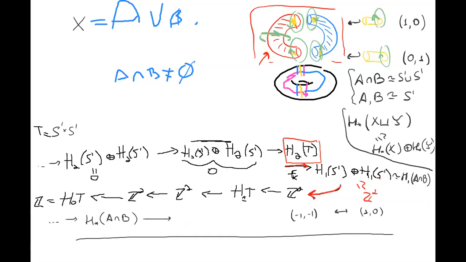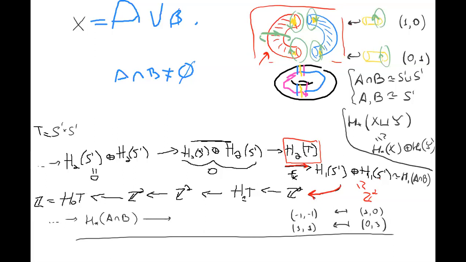And 0, 1 goes to 1, 1. So obviously I have the kernel in this case.